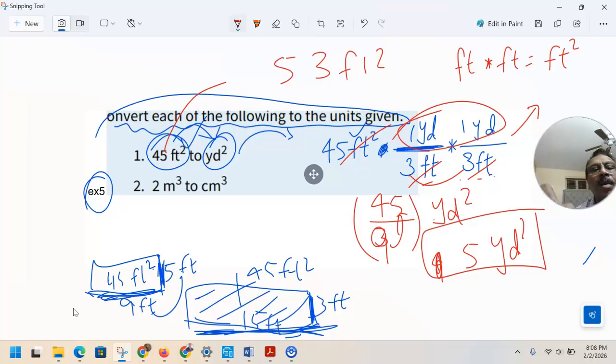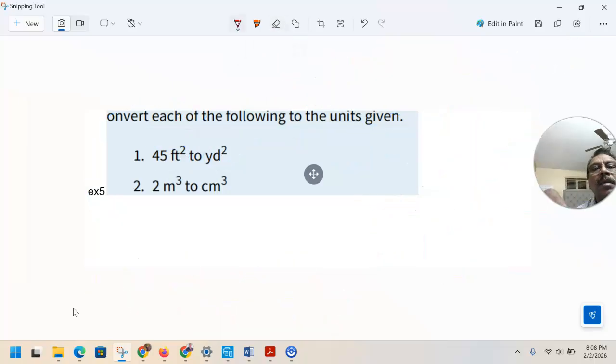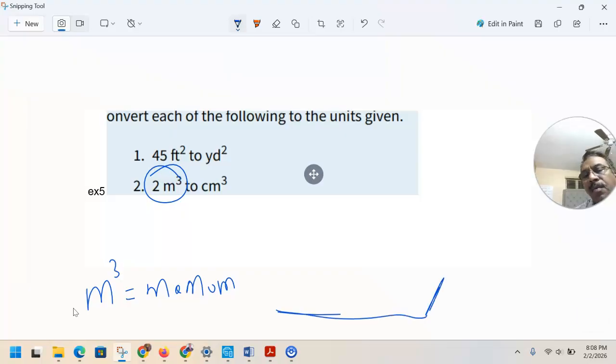So let's do another one, 2 meter cube. Now what is meter cube? Meter times meter times meter. It means you have a length, you have a width, and there is a height. See? So something like this maybe.